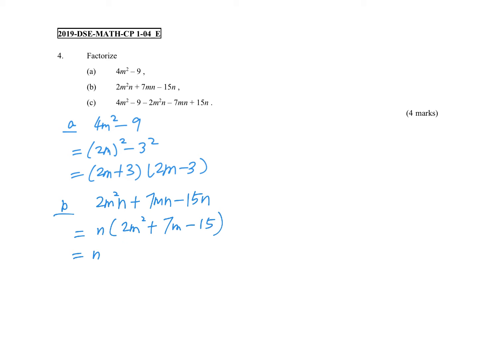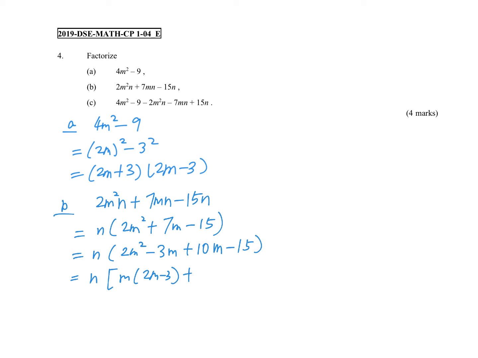Of course, I will try to use the splitting. So by splitting the term plus 7m into minus 3m plus 10m, minus 3 plus 10 equals plus 7. And then for the first group, the common factor is m, remaining factor 2m minus 3.